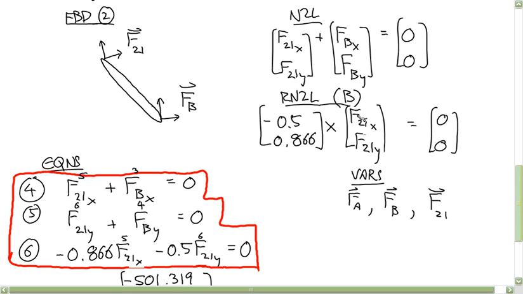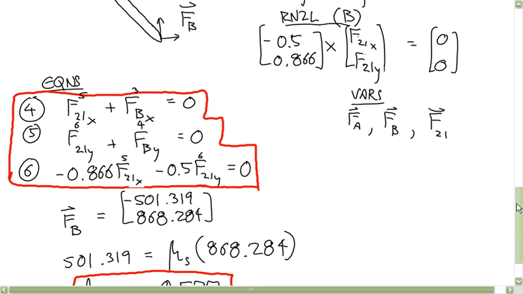So take the cross product with F21, and you get minus 0.866 F21x minus 0.5 F21y is equal to 0. And if you solve that set of 6 equations, you get a force at B of negative 501 newtons, positive 868 newtons.